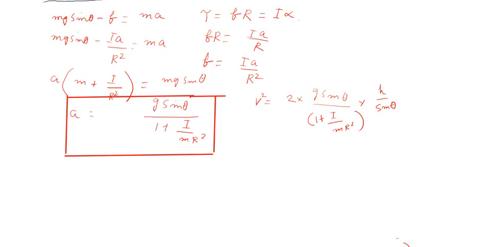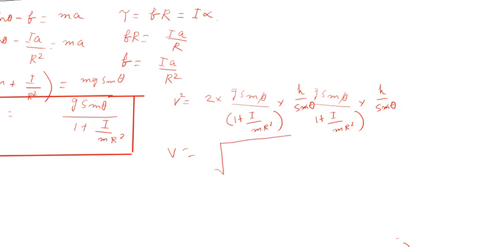Sine theta will cancel, and it will come root over of 2gh by 1 plus I by mr square.